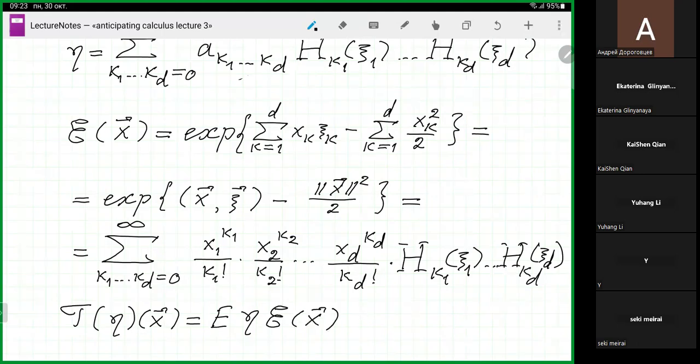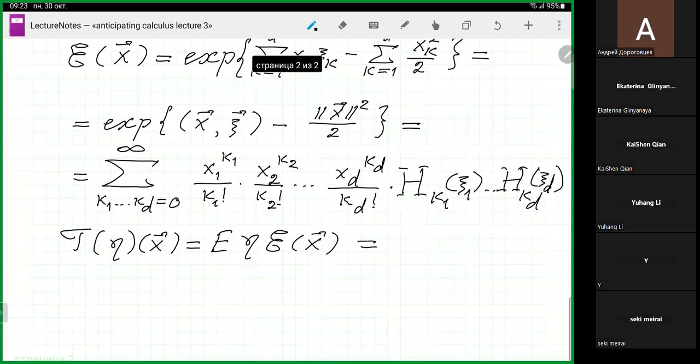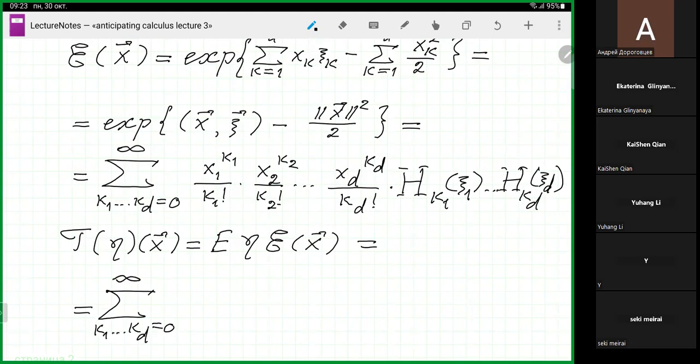It is equal to the sum from k1, ..., kd equal 0 to infinity of a_k1...kd, x1 to the power k1, ..., xd to the power kd.